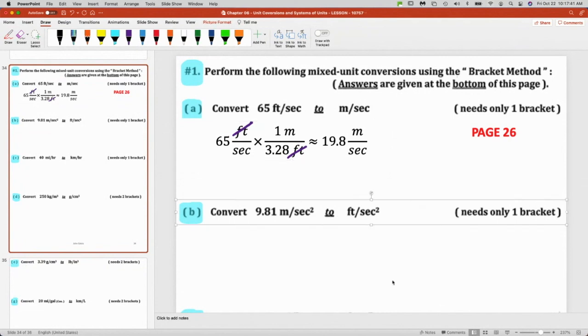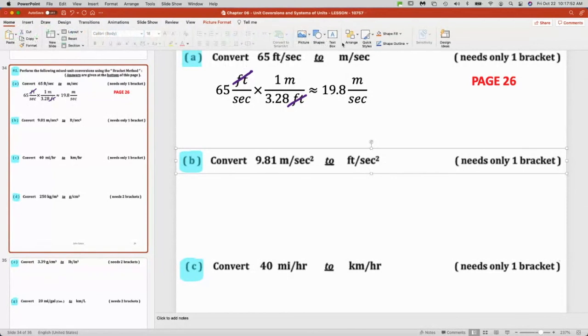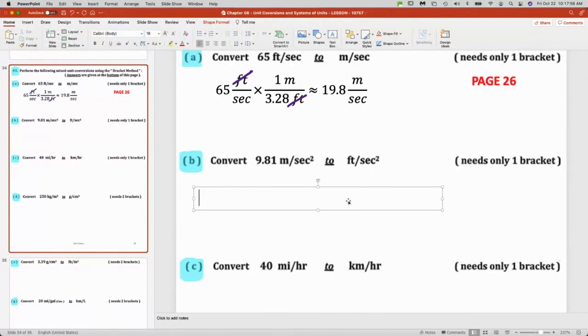So in the next question, we have another one, which is a conversion of acceleration. But again, because the seconds squared do not need to be changed, you're good with this one as well.